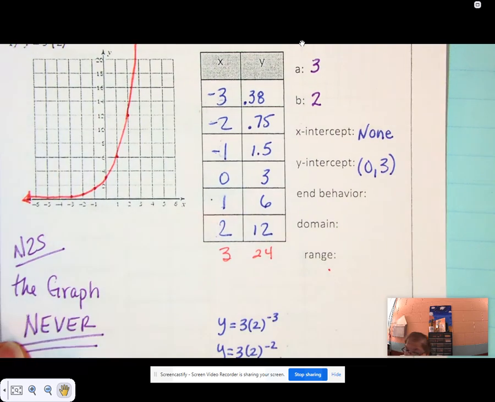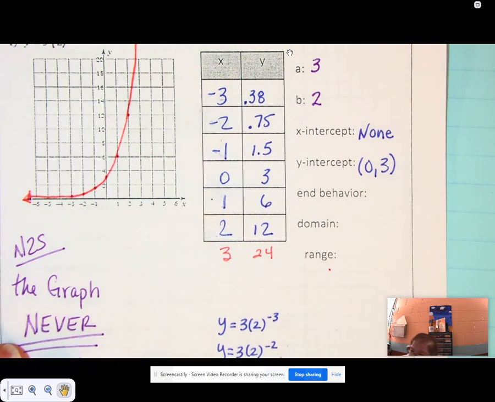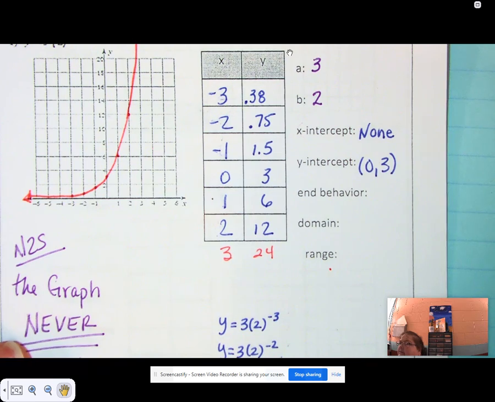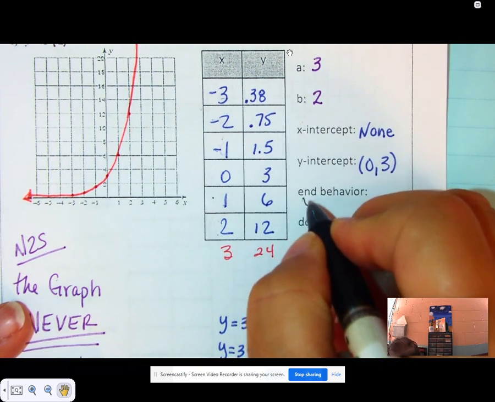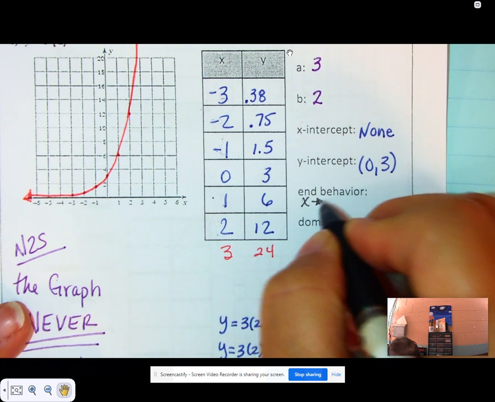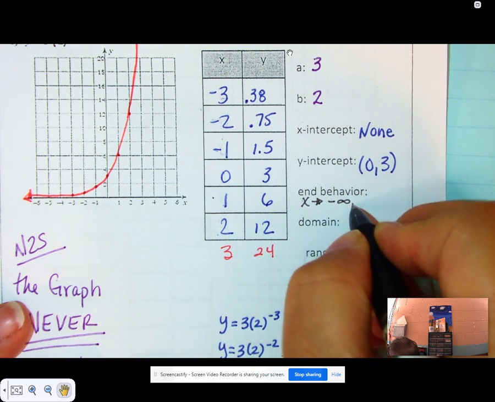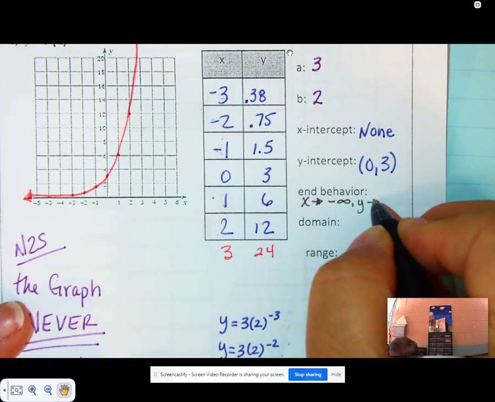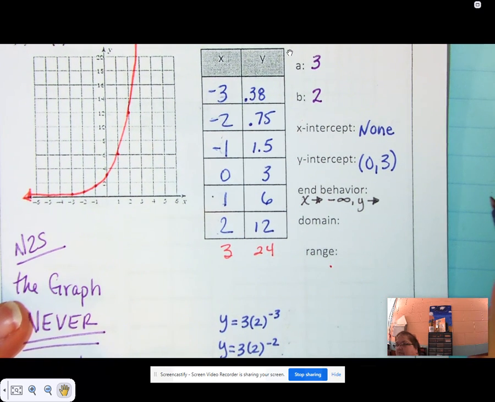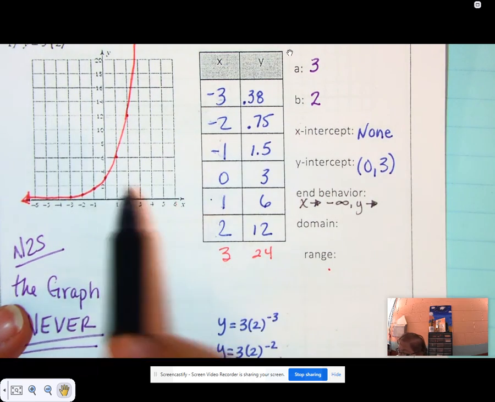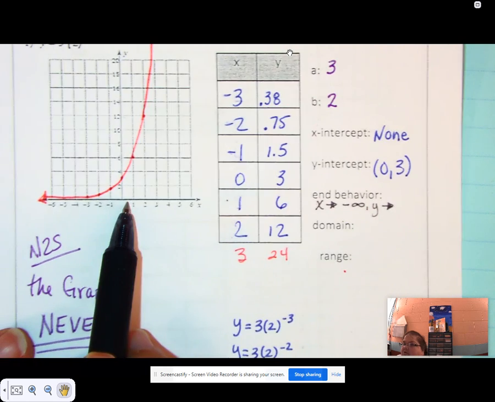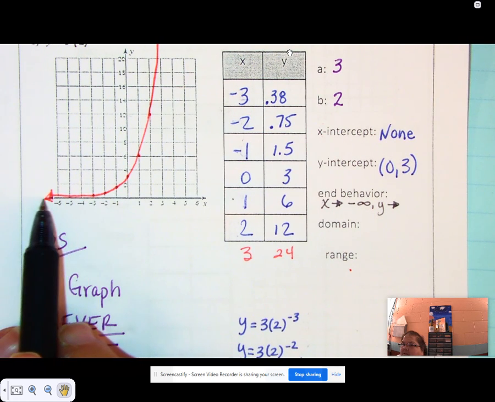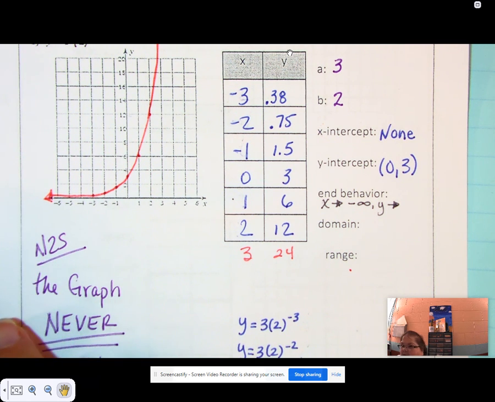Now let's talk about end behavior, which I know you really like. As x approaches negative infinity, y approaches, now this one's interesting, because remember x is always left or right. This is pointing to the left, so my graph is going to the left, that's my negative infinity for my x's.